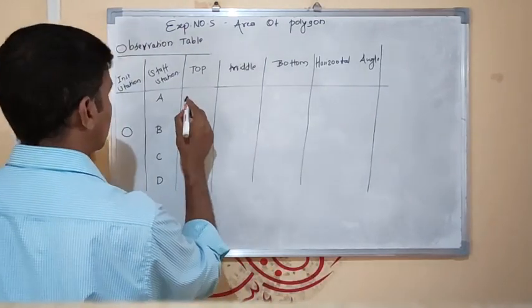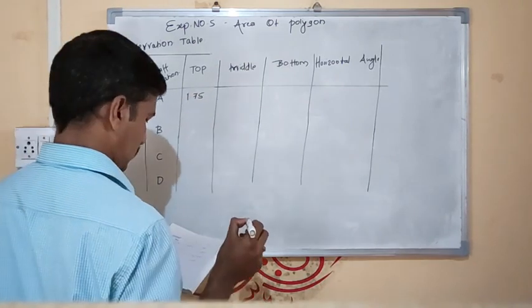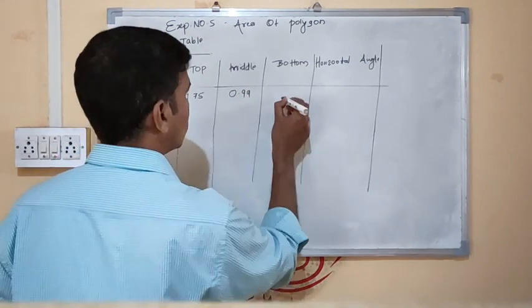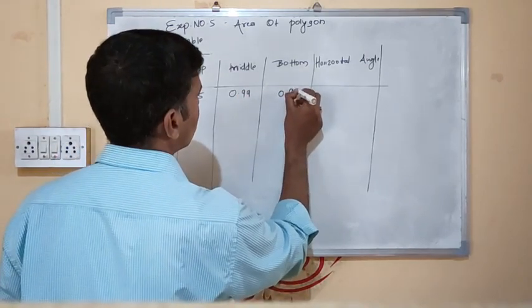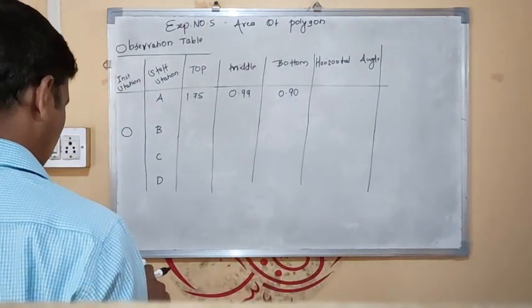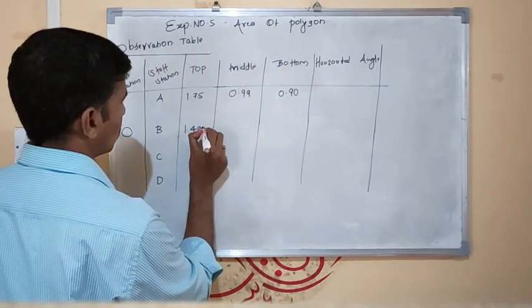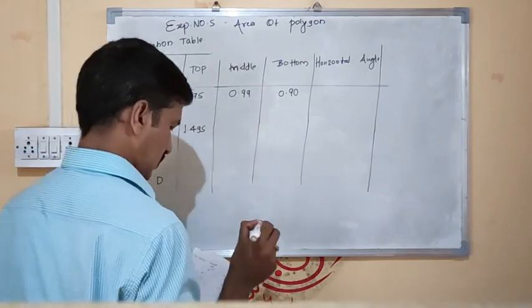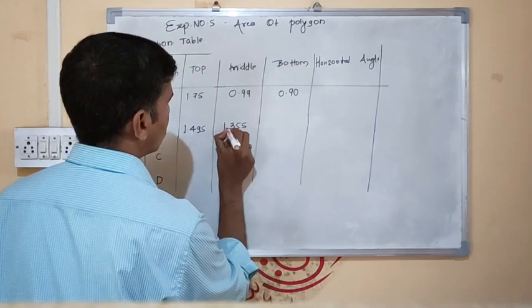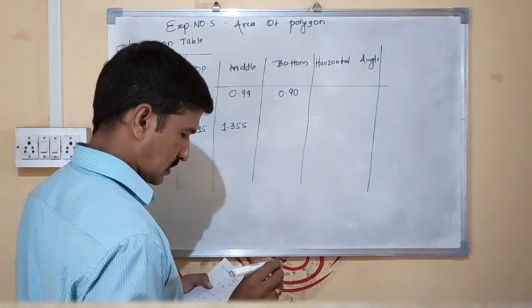Top is 1.75, 0.99, 0.9. Then 1.495, 1.355, 1.22.